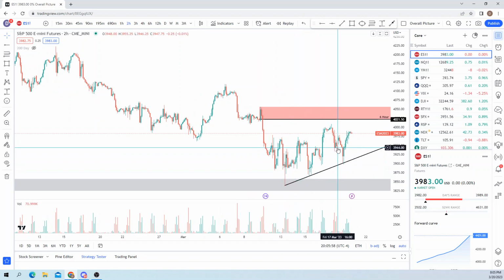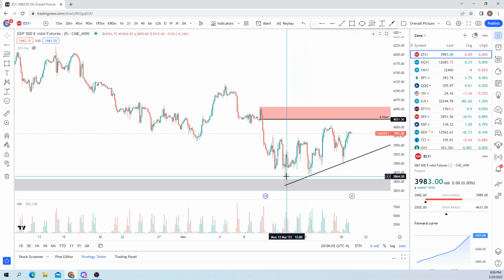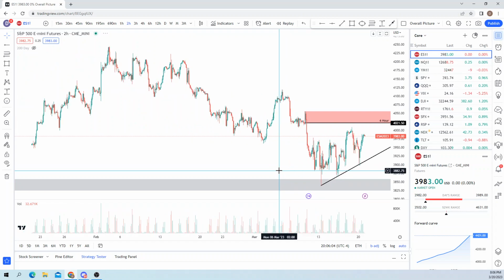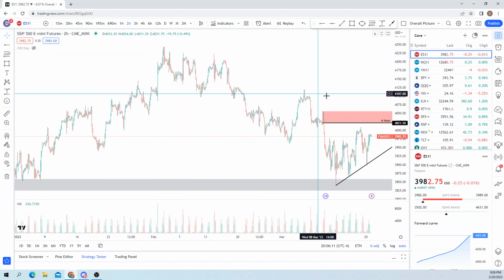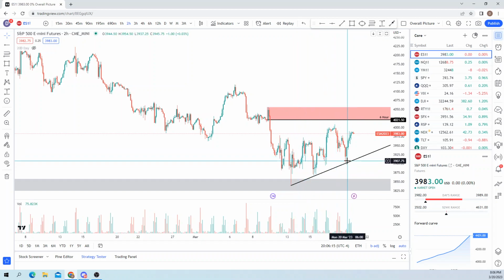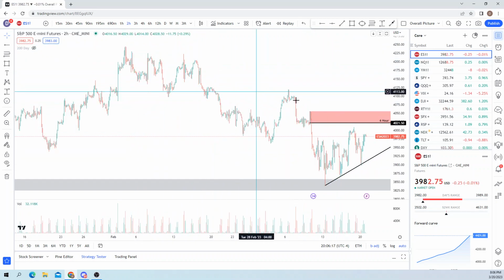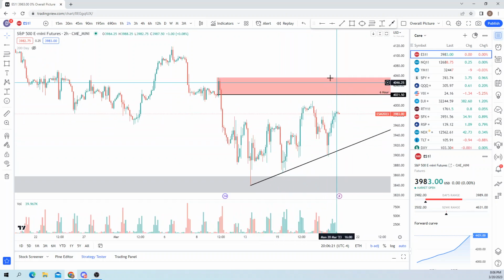I'll get a lot of questions saying, hey, the bulls have been in control, why are you looking to short? It's because the bulls have been in control since Monday. The bears have been in control all month, or the last 2 months. So this trend outweighs this trend because this is near term and this is longer term. Longer term always outweighs near term. So that's why I can justify taking a short there.